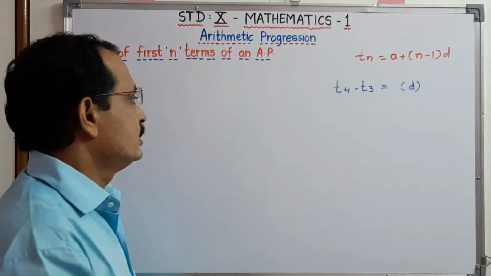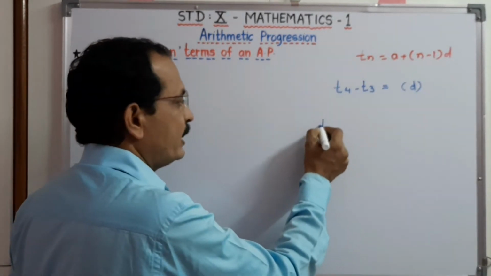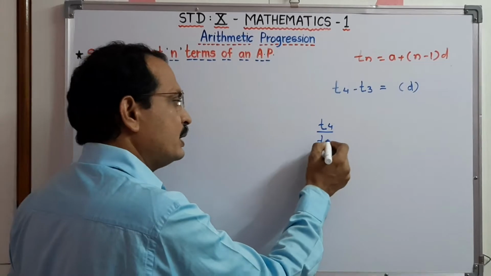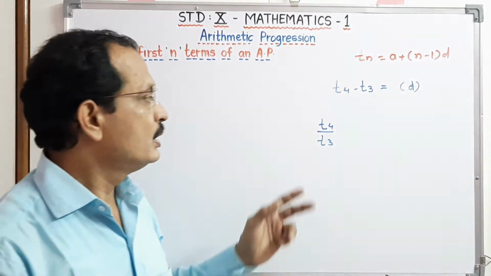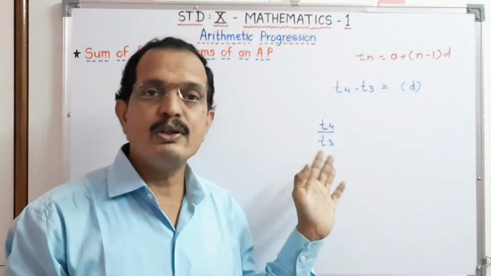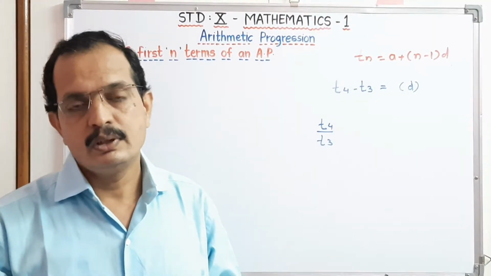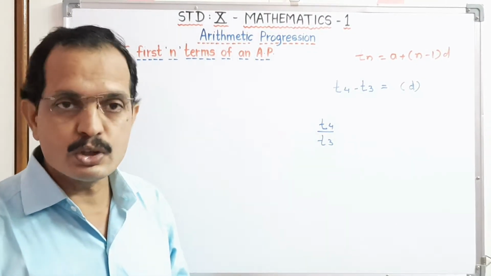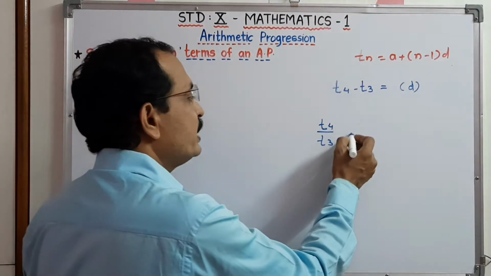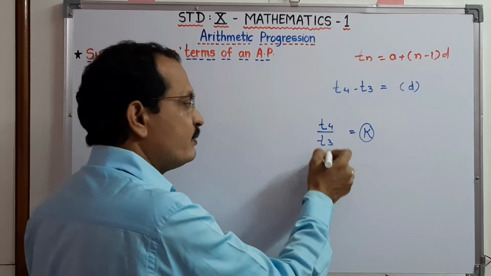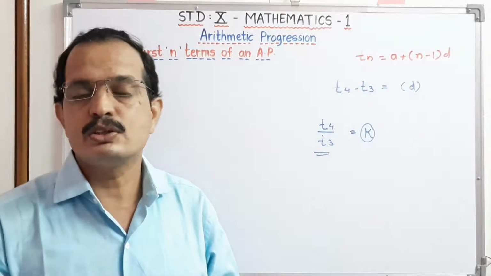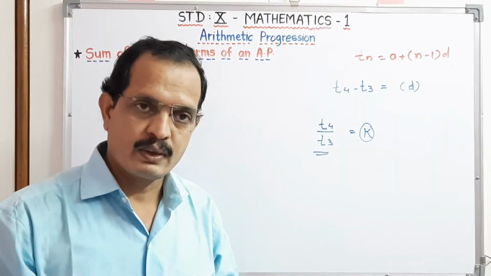Suppose I find T4 upon T3. That means if I find the ratio between two consecutive terms and that ratio remains constant, then that sequence is known as a geometric progression.